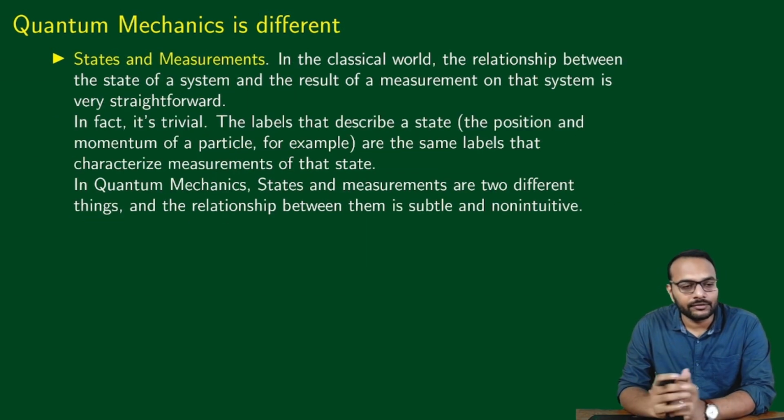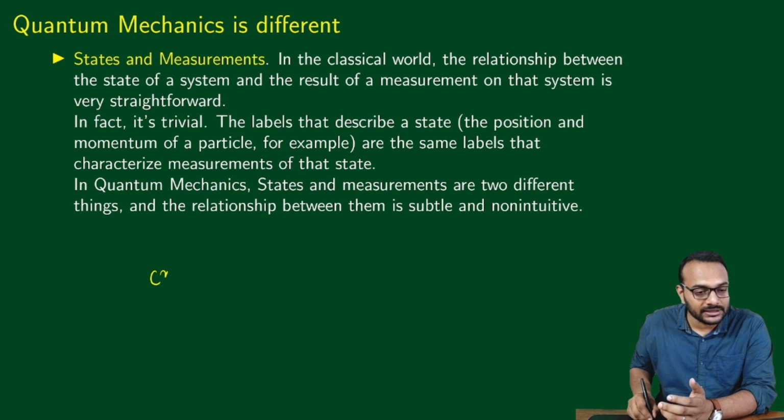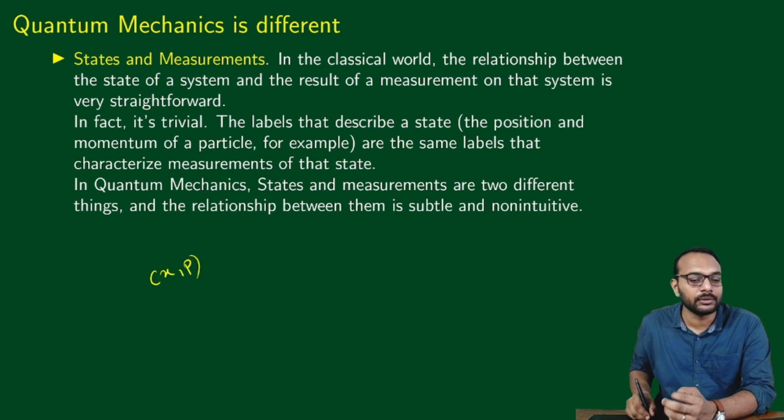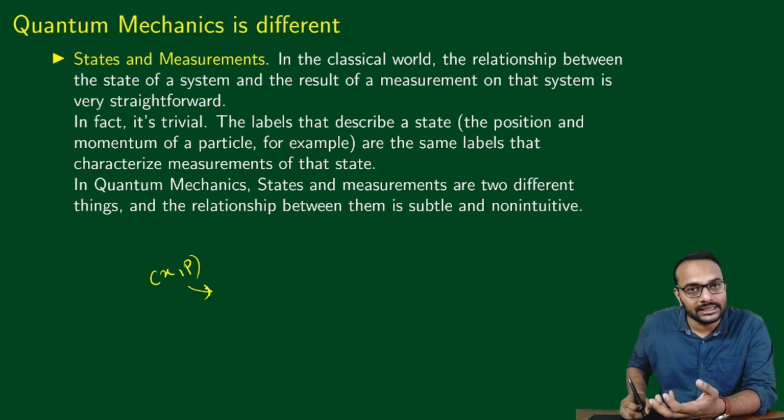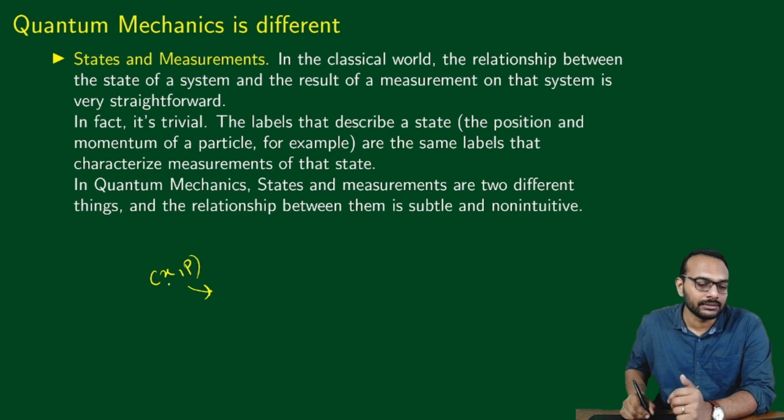And there's another fundamental problem, which is the relation between state and measurement. Right? In classical mechanics, if you specify the state of the system, you give the position and momentum, we can calculate all the measurable quantities associated with the system. Okay, if I say that it is at a position x and it has a momentum p, you can find anything.